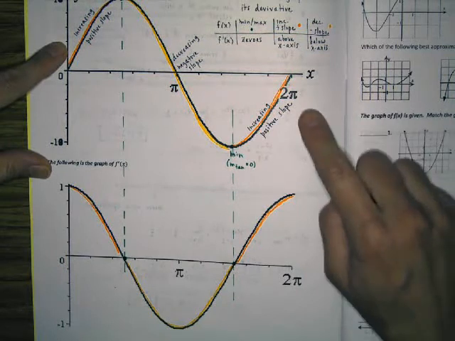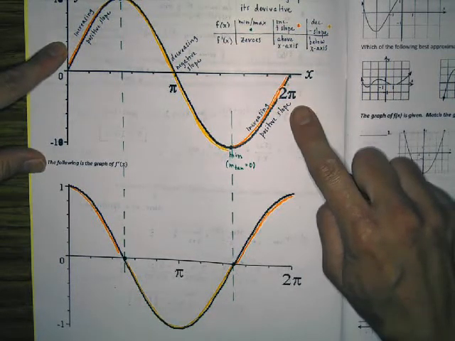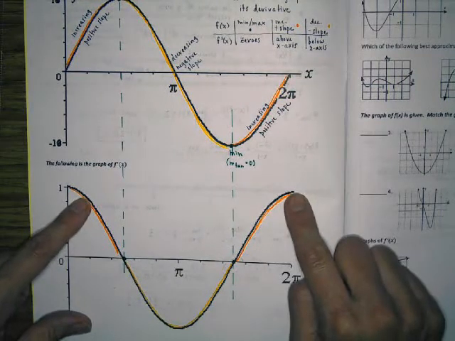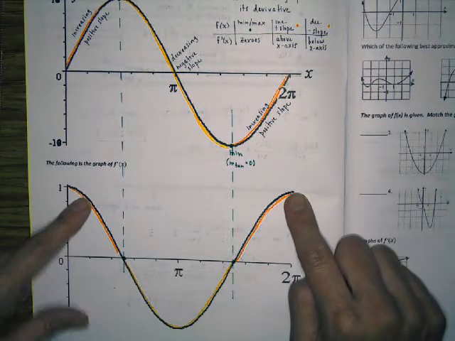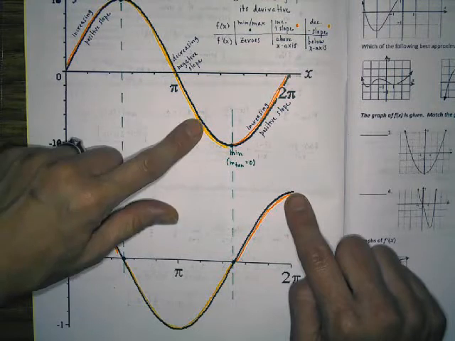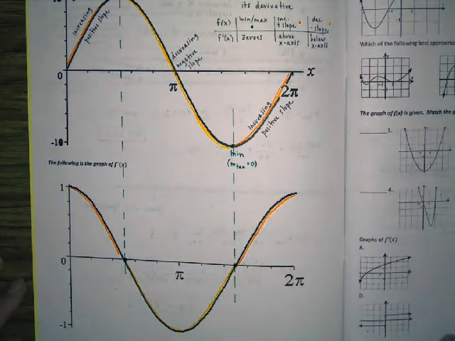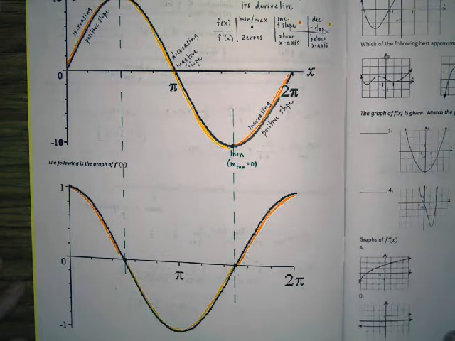Wherever my function is increasing, my derivative over those same intervals lies above the x-axis. And finally, wherever I am decreasing, my derivative lies below the x-axis. And so we're going to use those properties now to be able to match the graph of a function with the graph of its derivative.